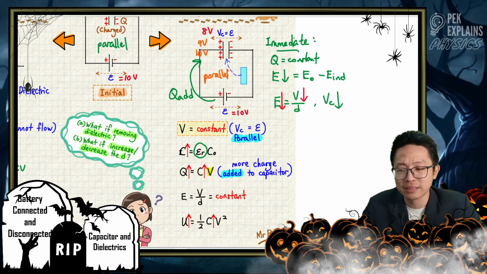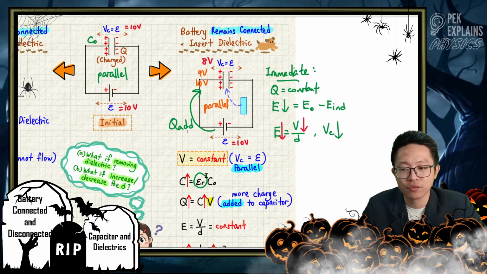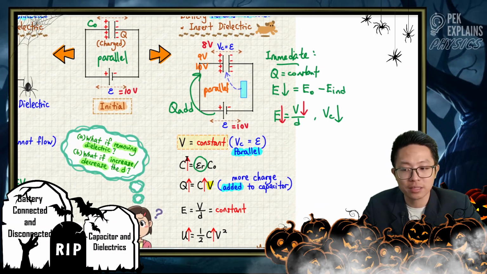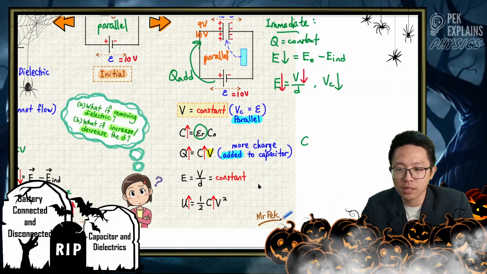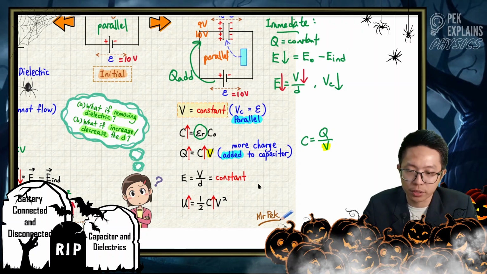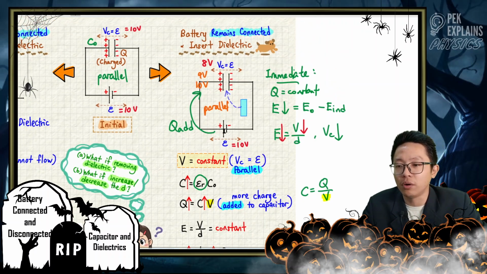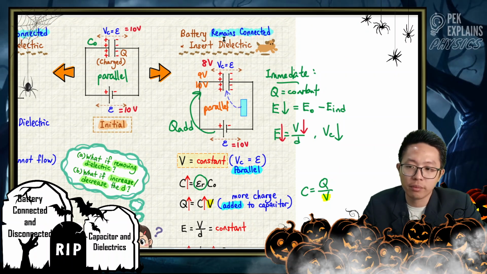Higher capacitance, for the same voltage, since the battery remains connected, can store more charge. The capacitance formula is C equals Q over V. Because we consider the voltage to be constant, isn't it? That means the battery remains connected, still a 10 volt battery.